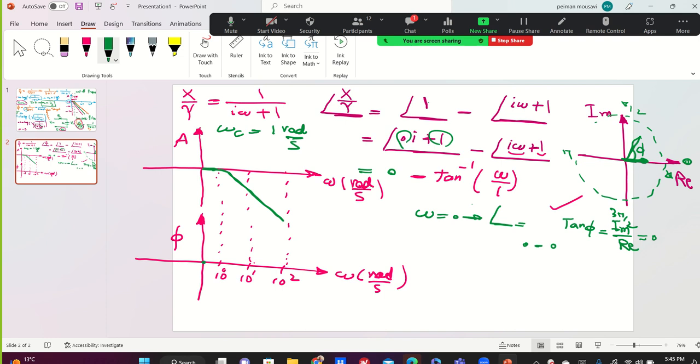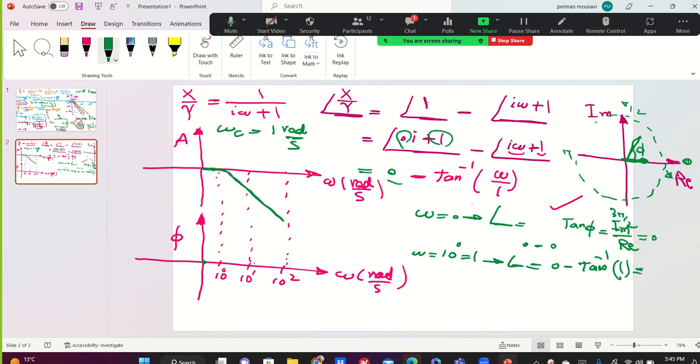It's here. Here we go. Understand? Now let me change omega to 10 to the power of 0, which is 1. So the phase angle is going to be 0 minus tangent inverse of 1 divided by 1, which is 1.